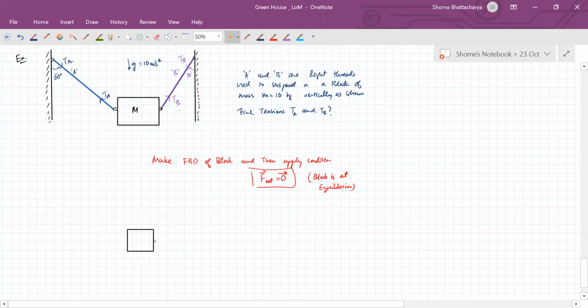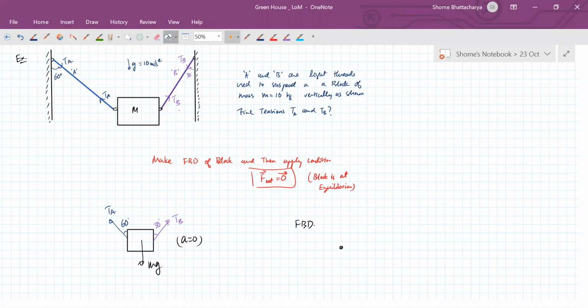You can see that from this side there is tension TB acting such that this angle is 30 degrees from the vertical, and from this side there is tension TA acting such that this angle is 60 degrees, and there is mg, and the block is at rest. So the proper free body diagram will look like this, the combination of these forces acting on it.